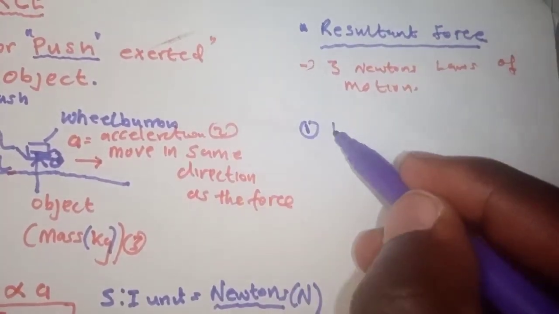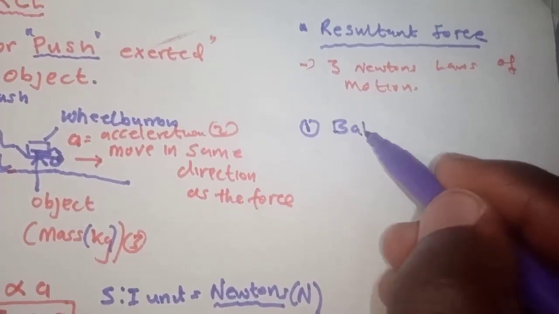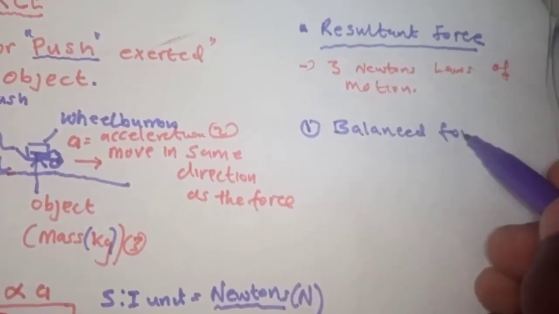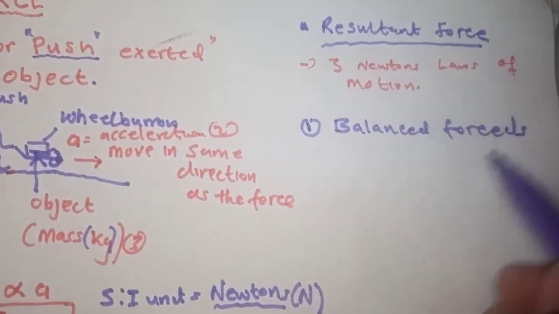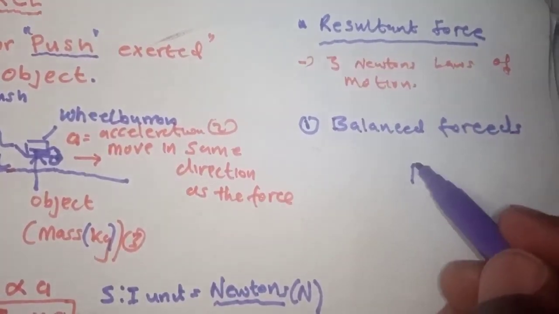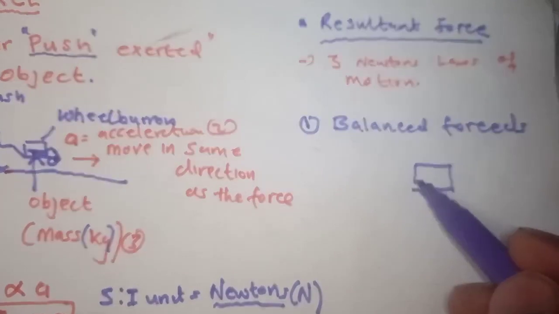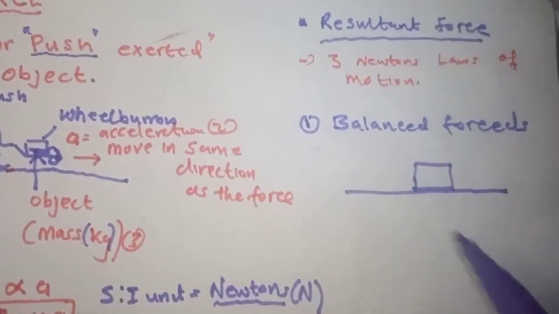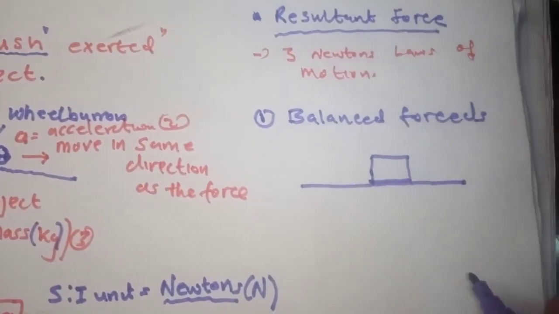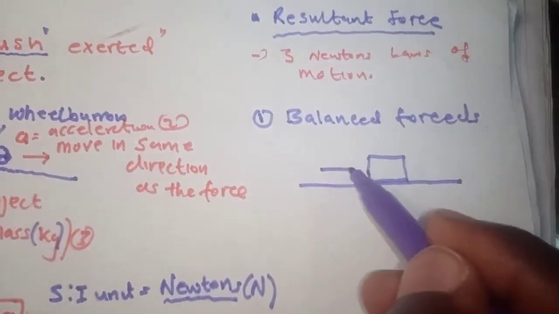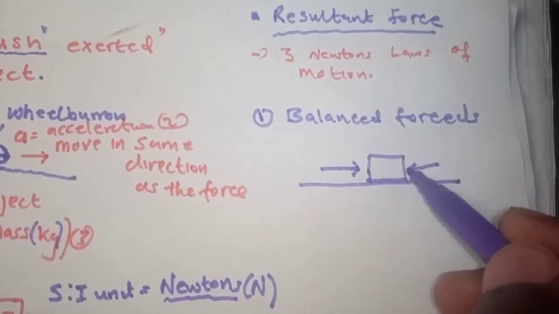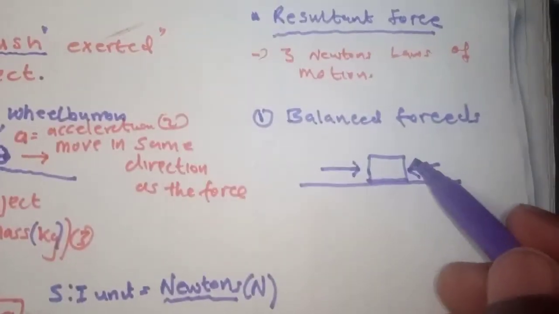Let's look at number 1, and consider what we call balanced forces. Let's say you have an object resting here, with a force acting in this direction and another force acting on the object in the opposite direction.